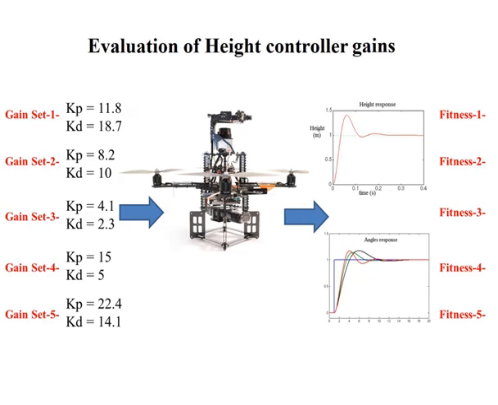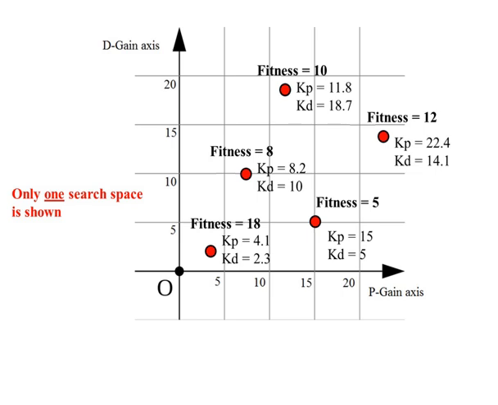Now, each set of the height gains is evaluated, so it is used to control the quadrotor. The height response of the quadrotor is found, and the sum of errors of this gain set is calculated. The fitness value of each gain set is equal to 1 over the sum of errors of this gain set, or the reciprocal of the sum of errors.